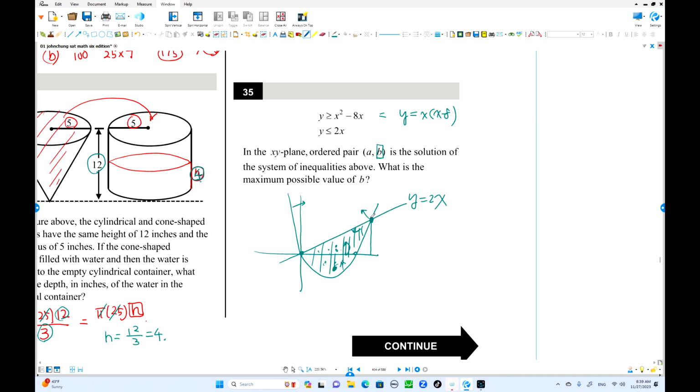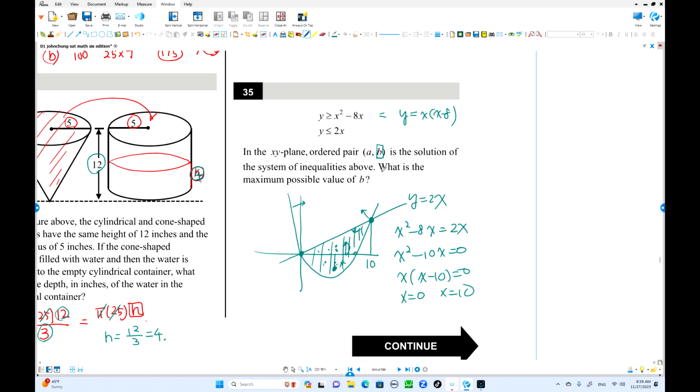So actually, we need to find this x intersection, okay? So at this point, the y is equal. So x squared minus 8x equals 2x. X squared minus 10x equals 0. You can factor, right? So we have two intersections, x equals 0 and x equals 10.